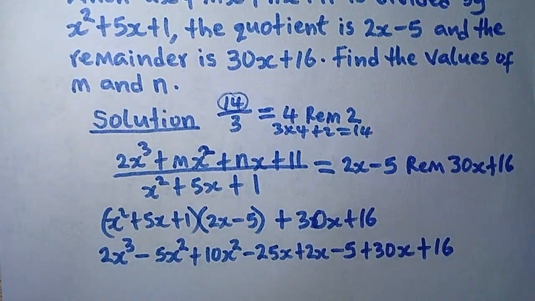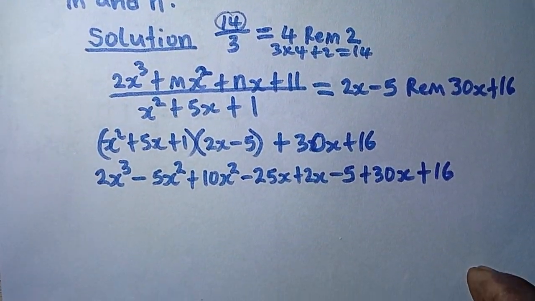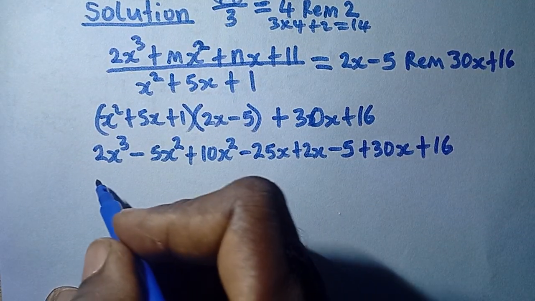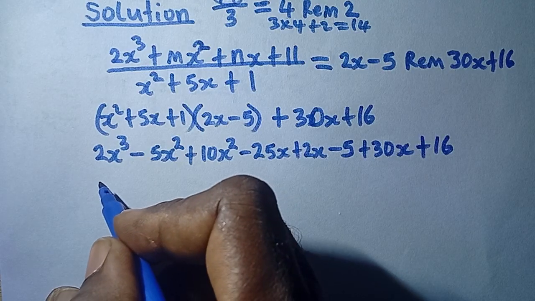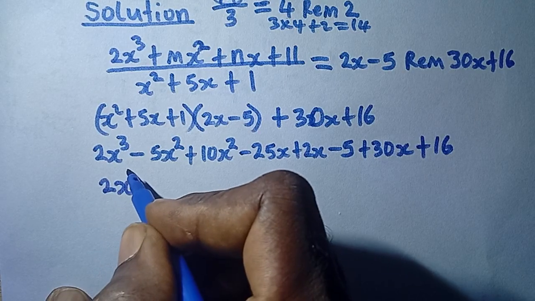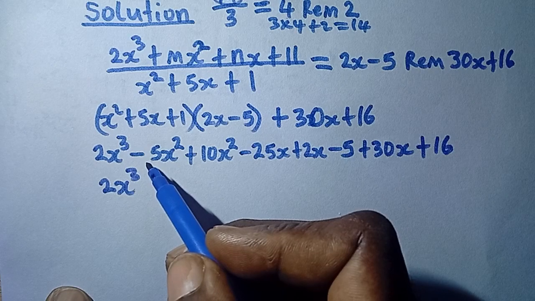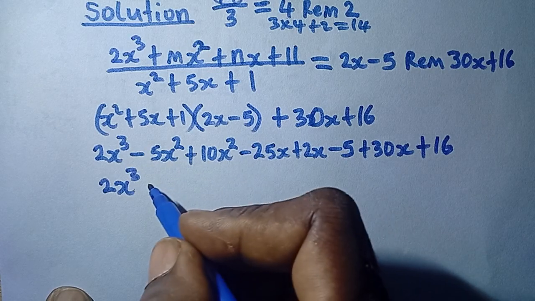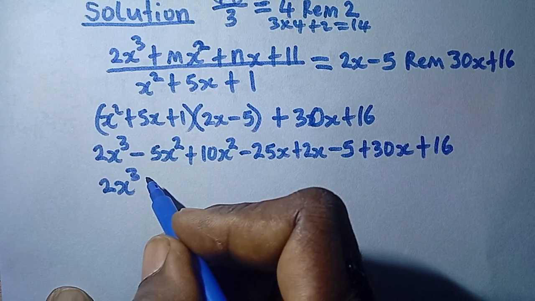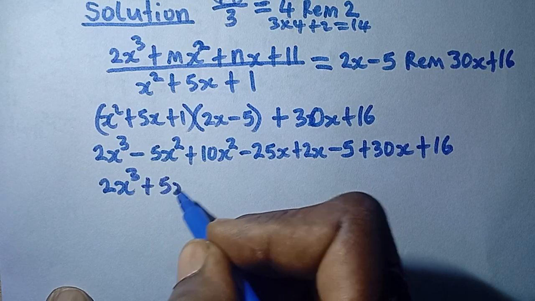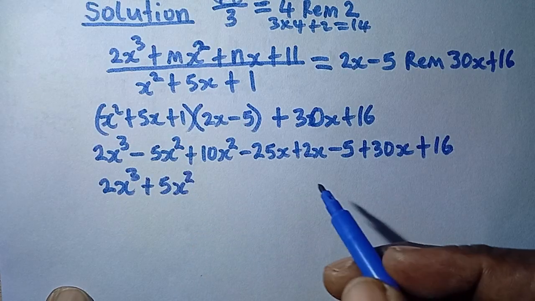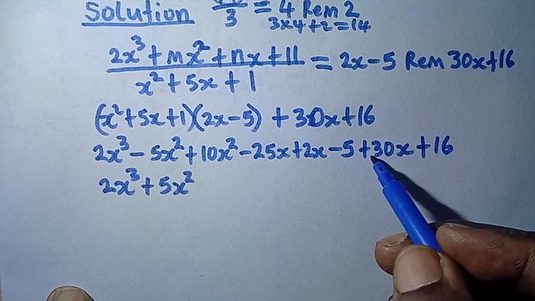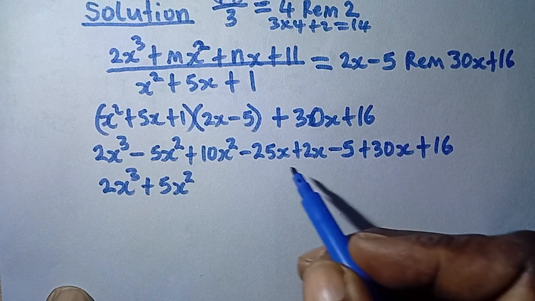Moving on, let's simplify. I have 2x cubed, the only like term there. Then negative 5x squared plus 10x squared gives plus 5x squared. Now I have negative 25x plus 2x plus 30x, the like terms in x.